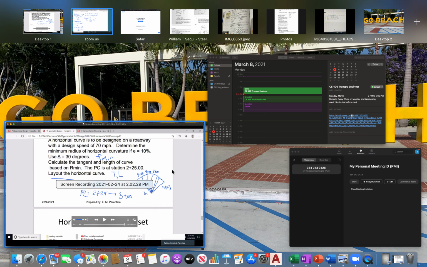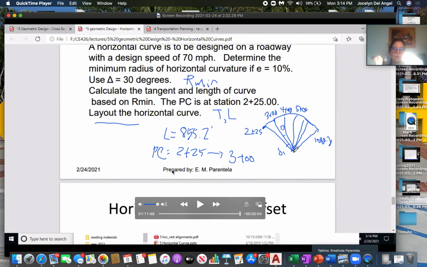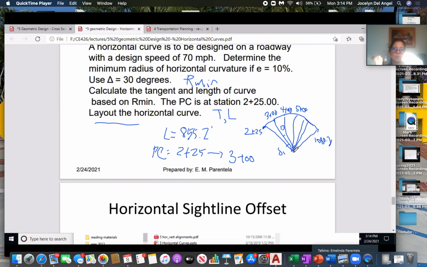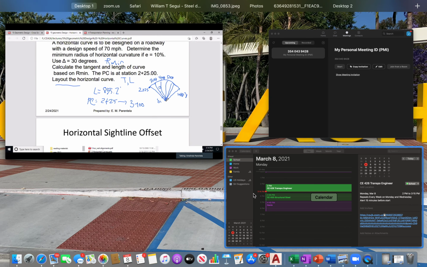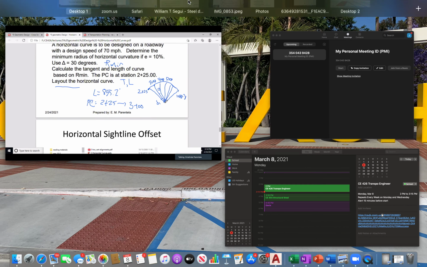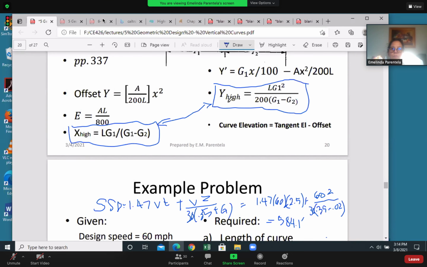And then we can solve for the elevation. So first we need to know the y low, right? We'll use the same equation, but this time instead of high, we put low.